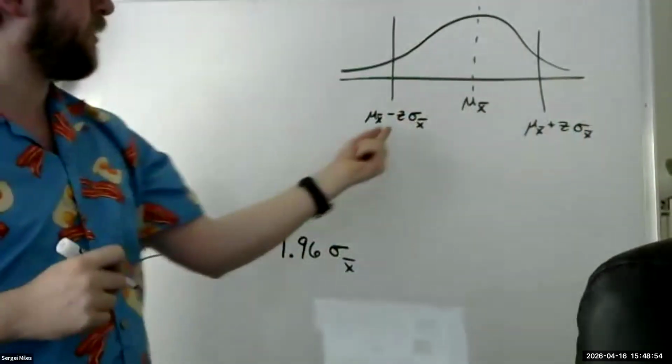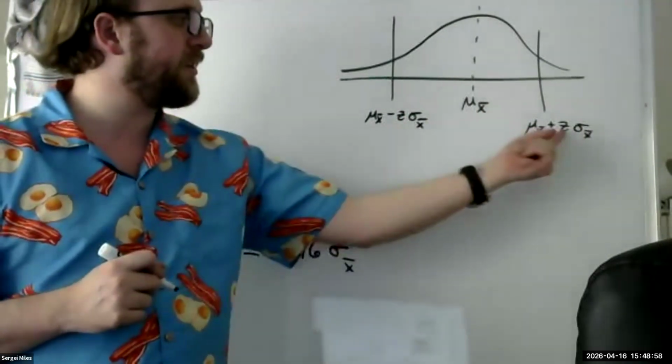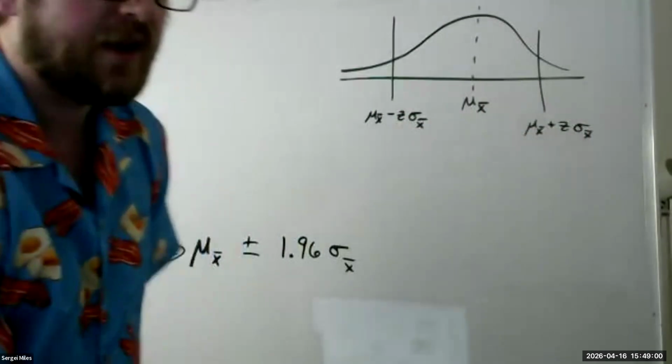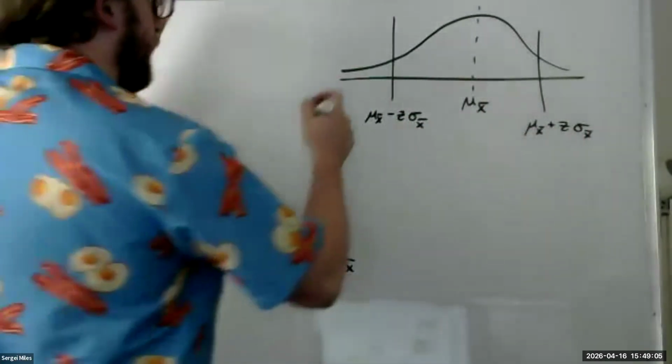But the trickiness is, what Z should I be using here? So I have Z times standard deviation, Z times standard deviation. This Z is determined by the confidence level.